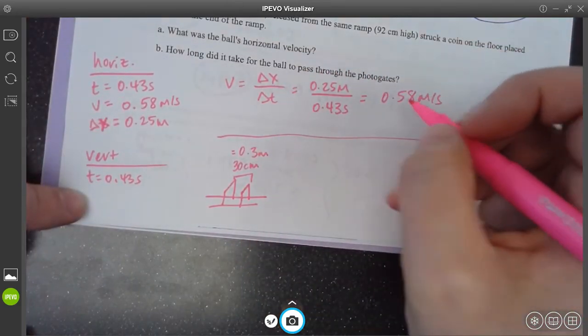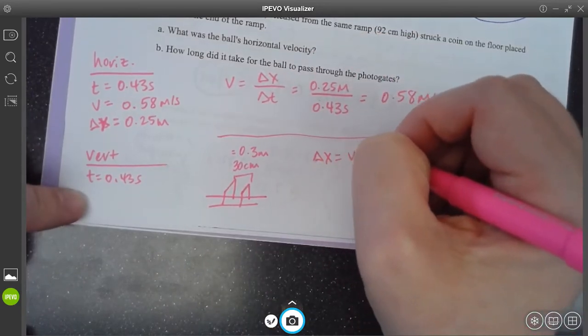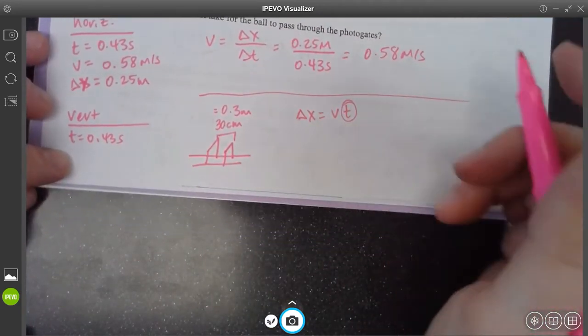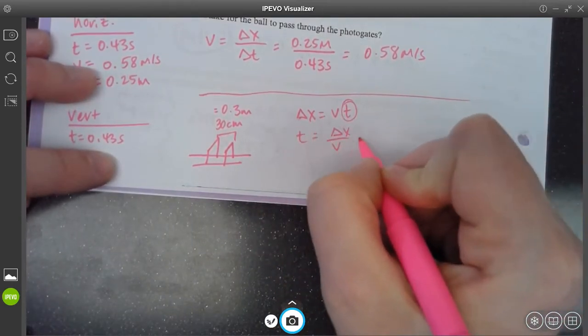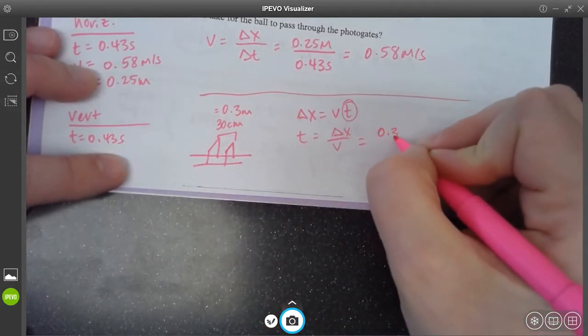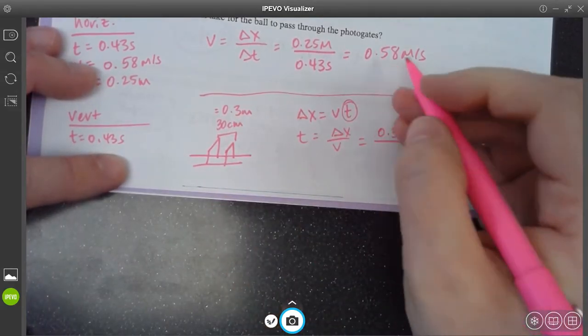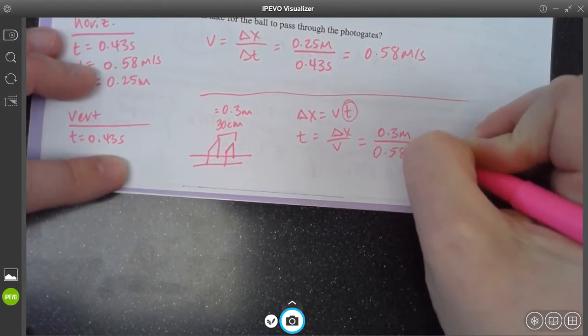And so if we want to figure out the amount of time, we can use the same equation, only we're going to solve for time. So time is going to be equal to our change in position divided by our velocity. Our change in position here is going to be 0.3 meters divided by our velocity, 0.58 meters per second.